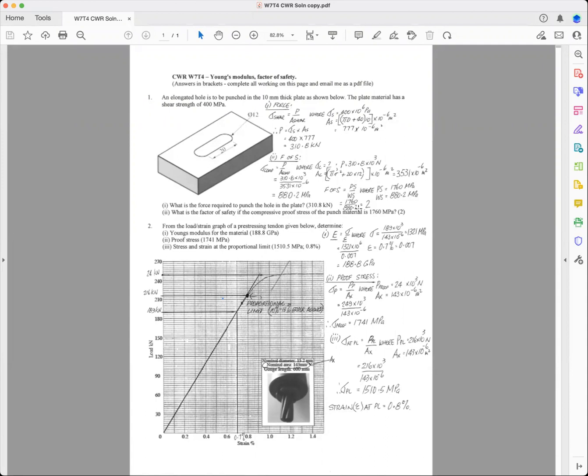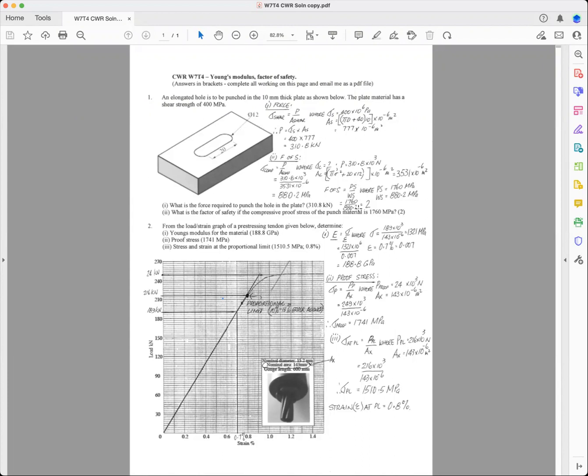And it's really important for you to have a look at page 38 with factor of safety, and make sure that you know those two diagrams on page 34. The first one shows you a stress strain diagram with a definite yield.